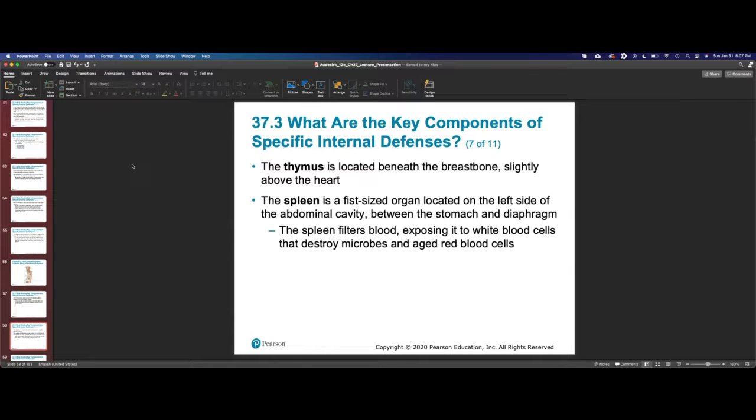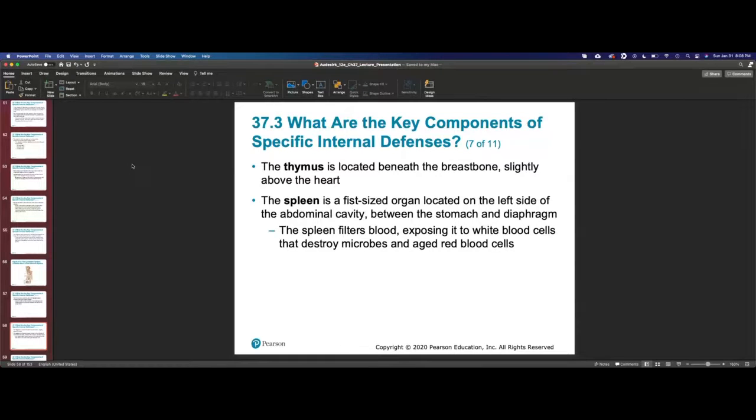And the thymus, which I mentioned earlier, is above the heart. And then your spleen, it's also involved in this as a hub, and it's on the left side of your abdomen. It's about fist size, which honestly kind of seems very large to me, unless I just have a really big hand.